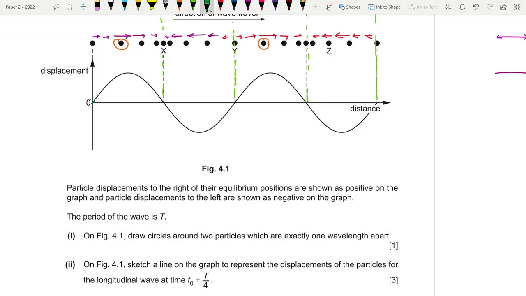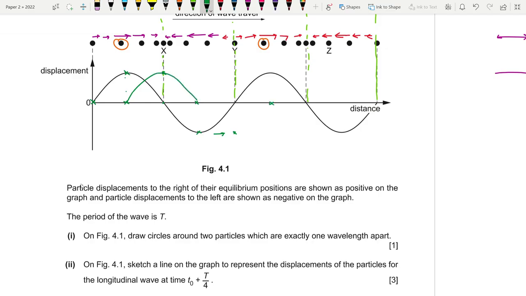So this point over here will move here 90 degrees, and this point will move here 90 degrees, this point will move here, this point will move here. Basically every particle will just move 90 degrees to the right hand side. So we have to draw a curve like this, which has moved 90 degrees.